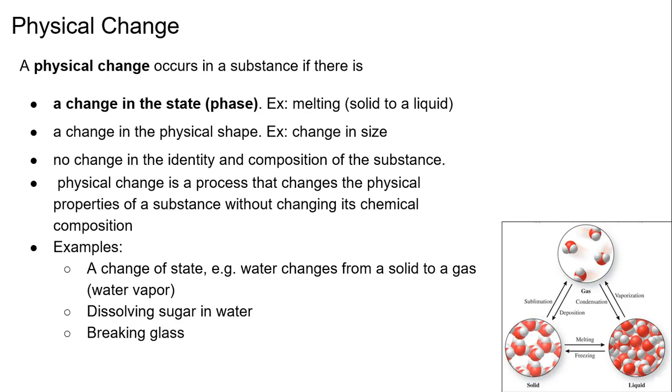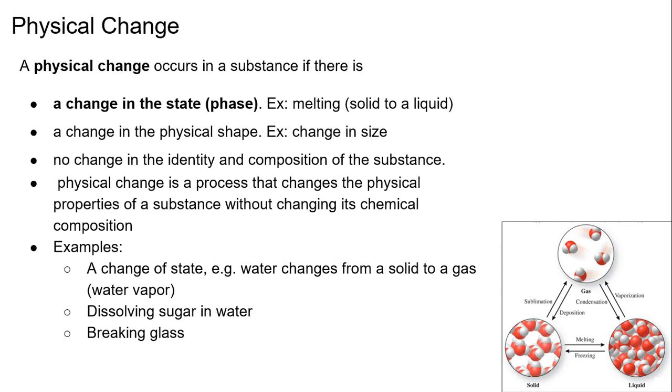A physical change occurs, and this is a change of state. So it stays the item or substance or compound it is, but it changes state: gas, liquid, or solid. Water is a very easy one because water goes into three different states. Solid as ice, liquid as water, and gas as steam or vapor.